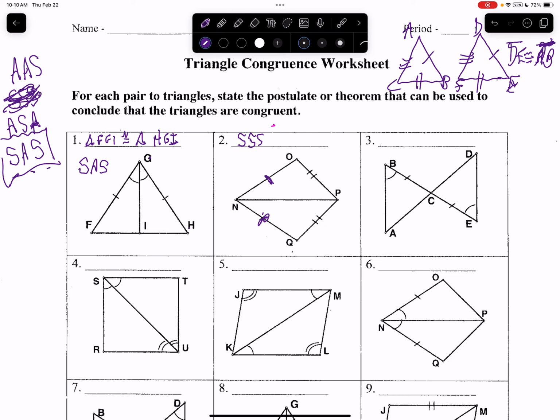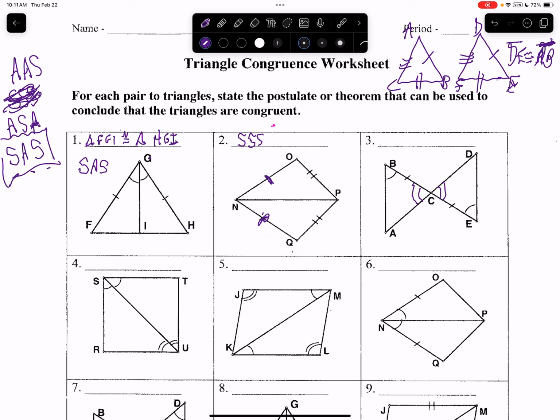So this one here, now one thing you should know, and it is kind of intuitive, is that when you have two lines crisscrossing, and this is going to be used a lot in these things, the angles that they make across from each other are going to be the same angle. So you can actually write it in there. I would write it with two of them, 1, 2, 1, 2, and that just tells you that angle BCA is the same as angle DCE, or actually ECD, I should say.